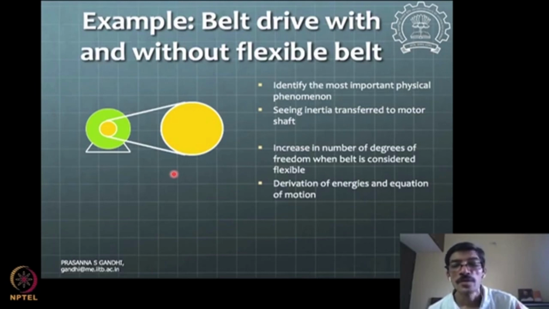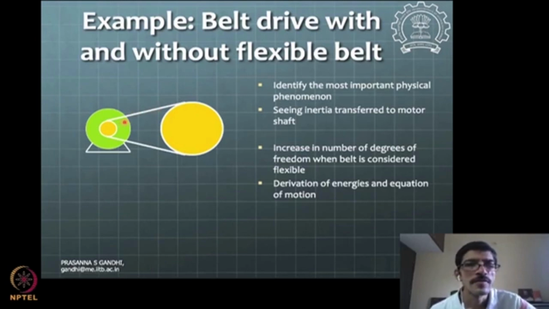Now the question is, how do you deal with this system when there is a belt which is to be considered flexible? Instead of this kind of rigid connection, we say there is a flexibility here. This part we have discussed a little in the previous part also.